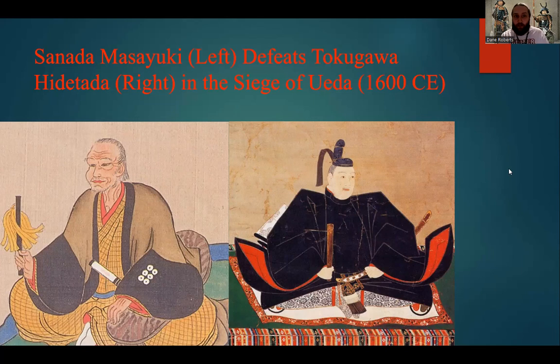The army under Tokugawa Hidetada suffered a lot of casualties. He actually wasn't ostracized by his father for this. It was just a loss, but it still was a significant loss to the Tokugawa forces.